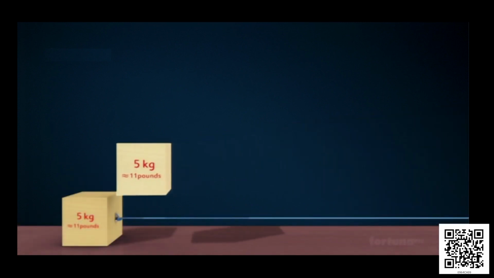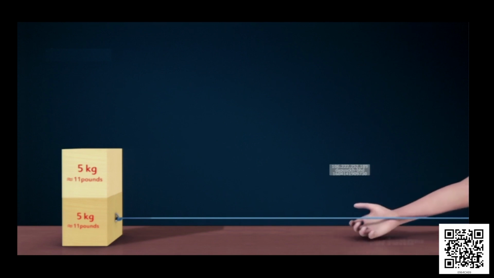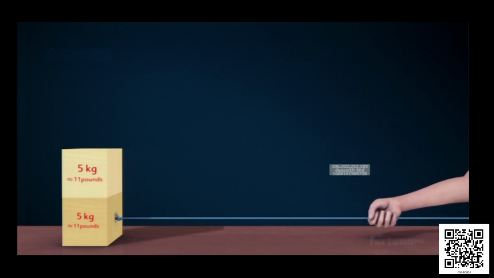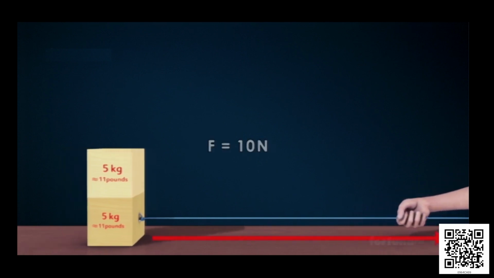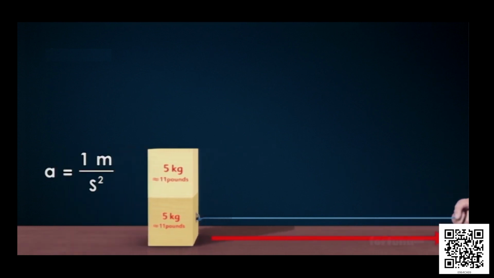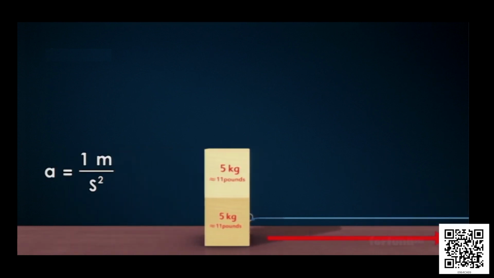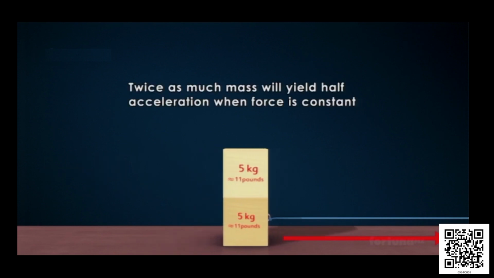Let's tie an identical wooden block to our original one. The mass, now 10 kg, has been doubled. If we were to again pull with one hand, that is 10 N force, the acceleration will be 1 meter per second square. In other words, twice as much mass will yield half the acceleration when force is constant.